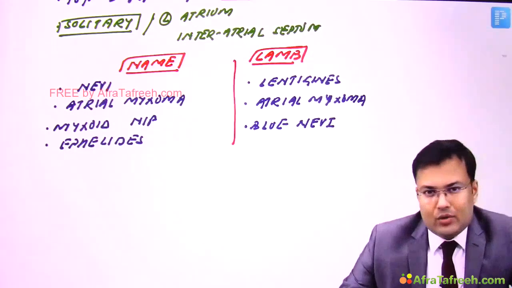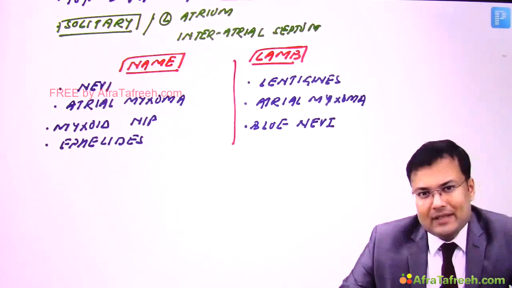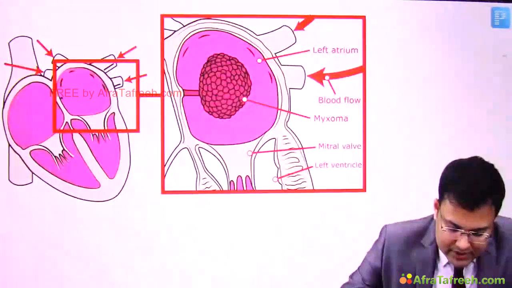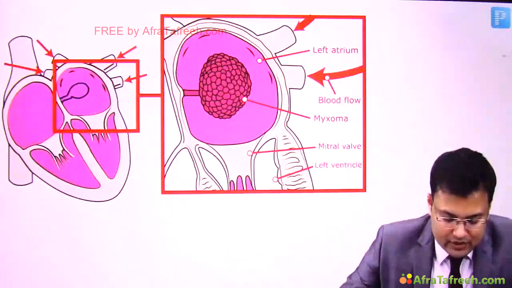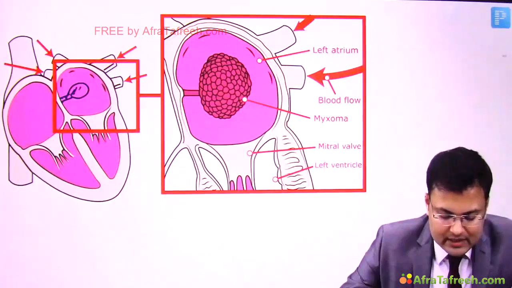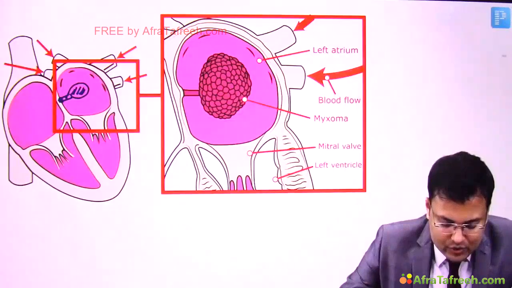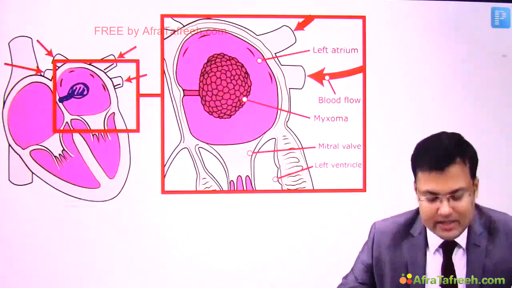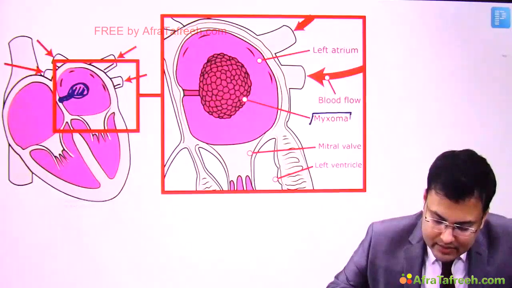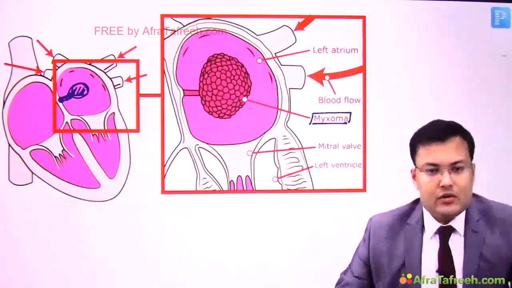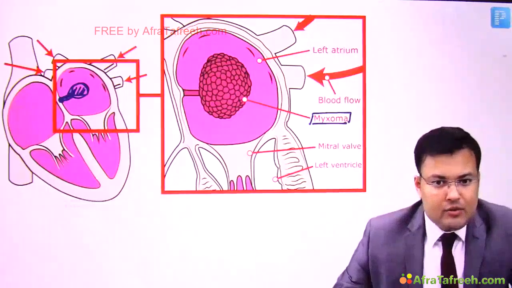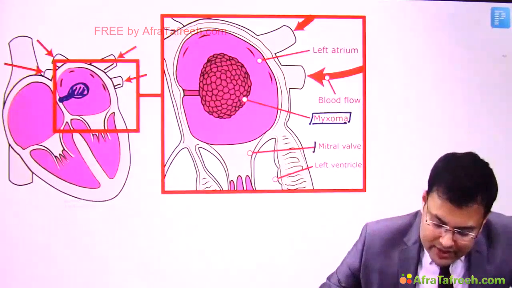Now see the exact location and the clinical manifestations of atrial myxoma. Generally this tumor is solitary. The most common site is the left atrium, and exactly it arises from the interatrial septum. Can you see here? This is the myxoma. Now see the relation of this tumor with the valve.